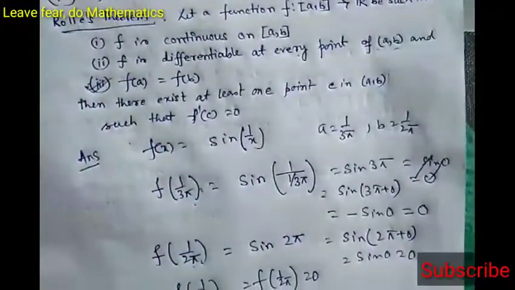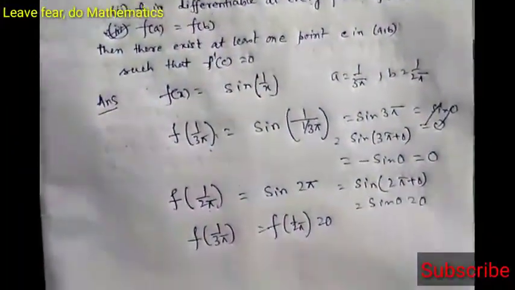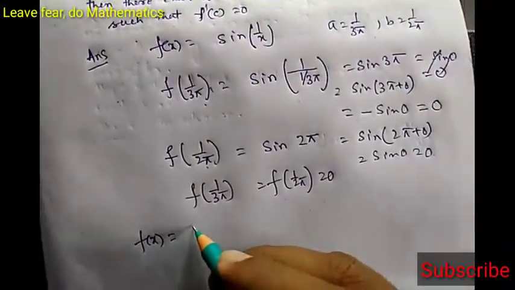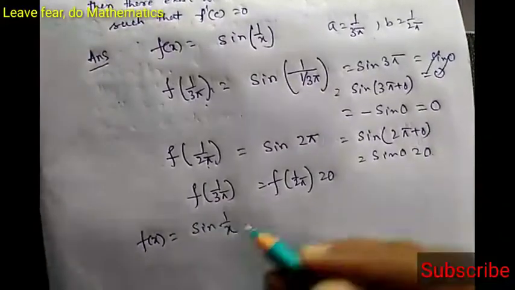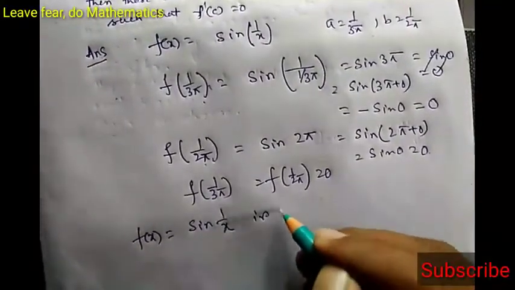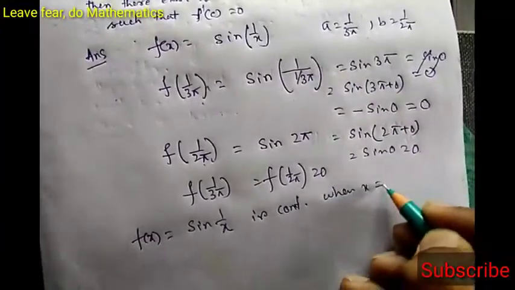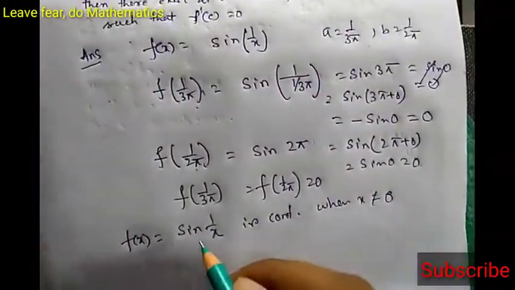Now we have to look at the other conditions. Is f continuous? We know the function f(x) equals sin 1 over x is continuous except at x equal to 0. At the point x equals 0 it is not continuous.